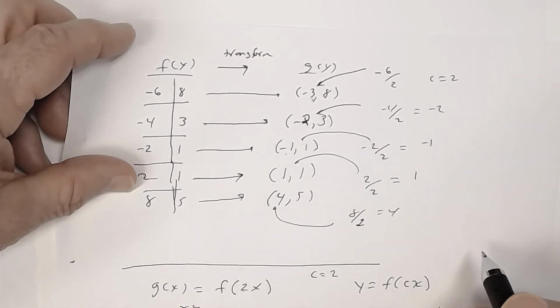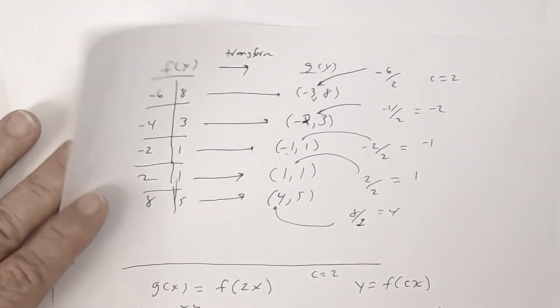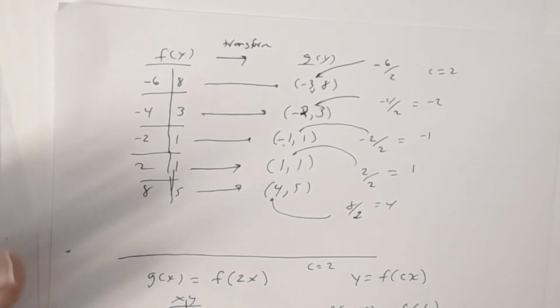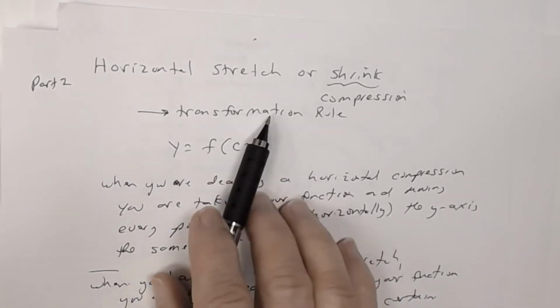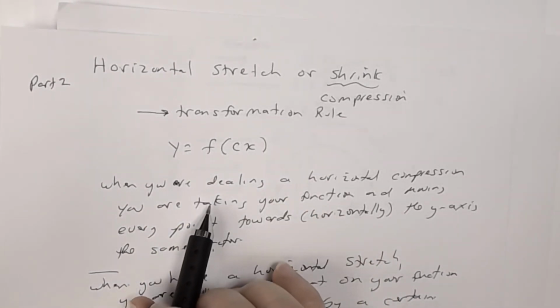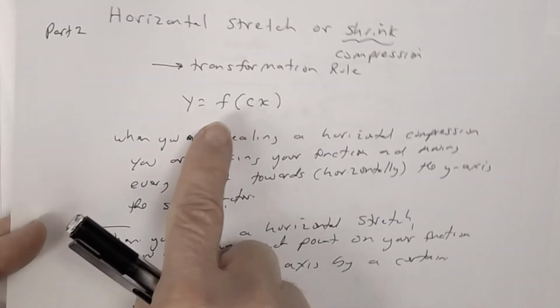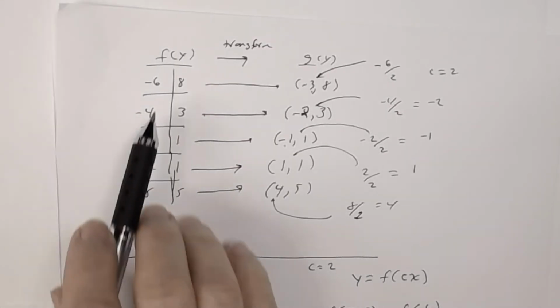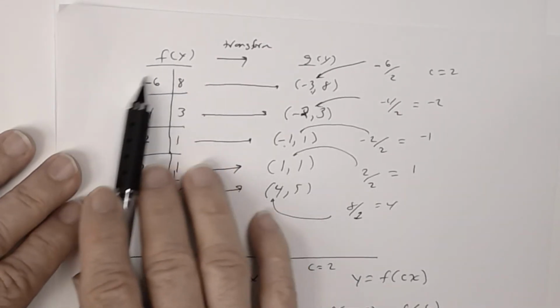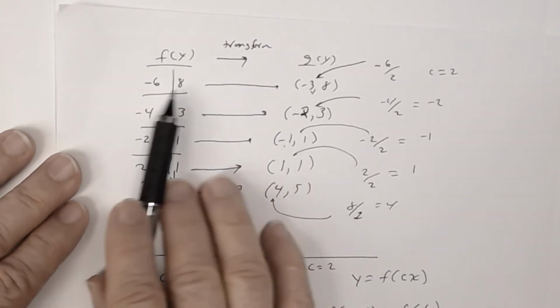So the rule is this. I'm going to go back to that rule, and we're going to talk about this a little bit more when we do a stretch. But here's our rule. Let me go back to our page that dealt with coming up with this rule. So remember, I wanted to come up with a transformation rule, right? Okay? So we saw that when we're transforming our function f of x, every point on f of x transforms.